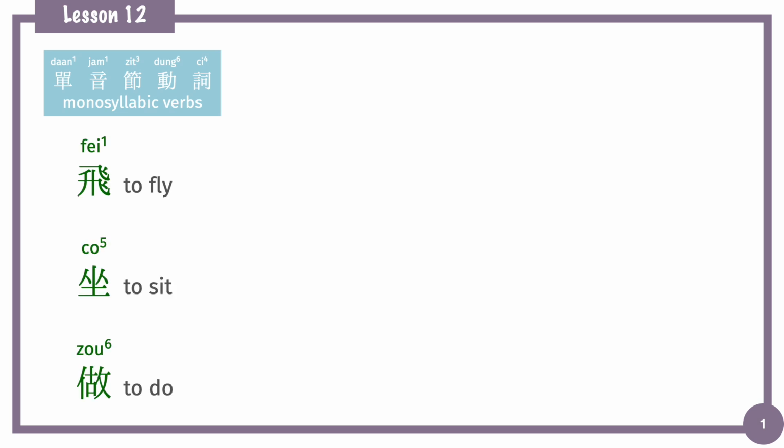Basically, we have three types of verbs in general. The first type is verbs with only one syllable. We call it 單音節動詞, monosyllabic verbs, like 飛, 坐, 做. They only have one character, so they only have one syllable.